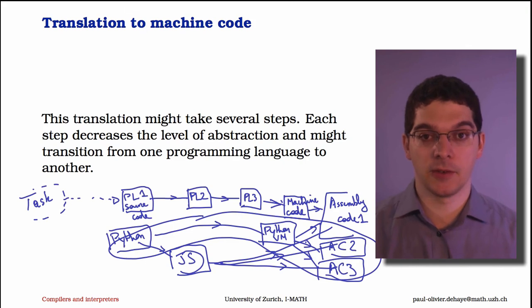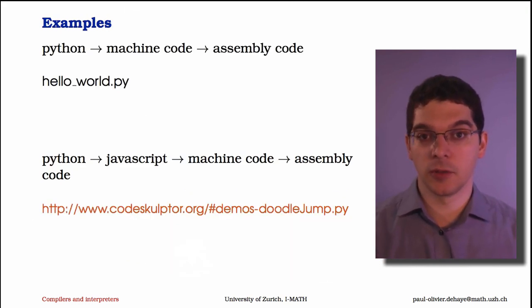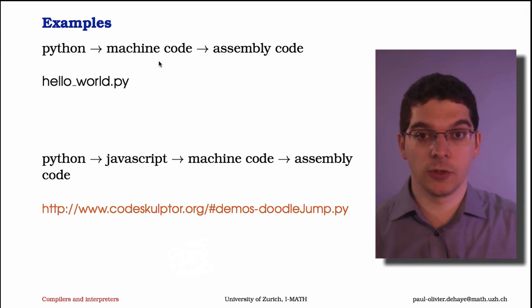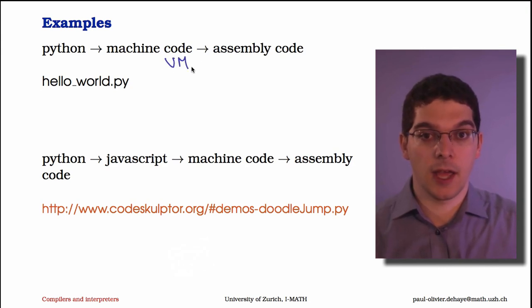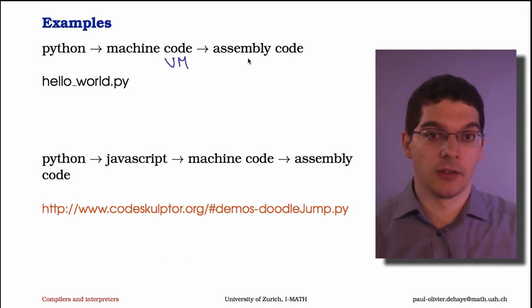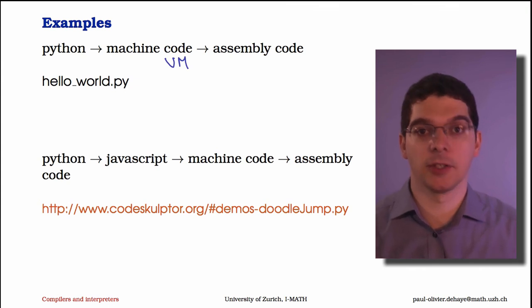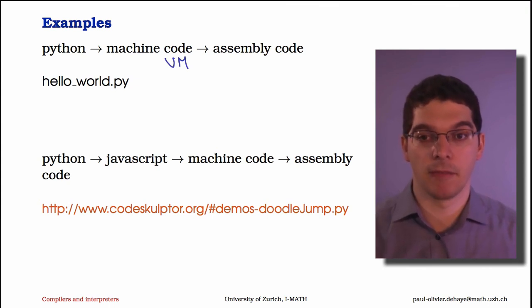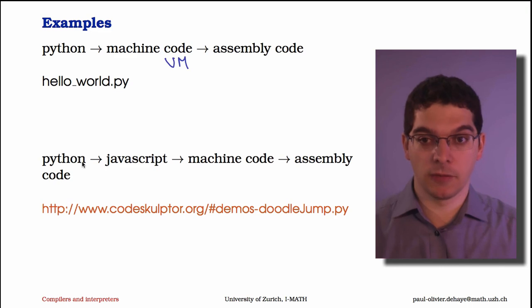Okay, so now I want to give two examples of the two examples I just talked about. So the first one will go from Python to machine code, so to the virtual machine, and then to assembly code. Okay, and this will be assembly code for my particular computer that I'm using now. And the second one will go from Python to JavaScript to machine code and eventually assembly.